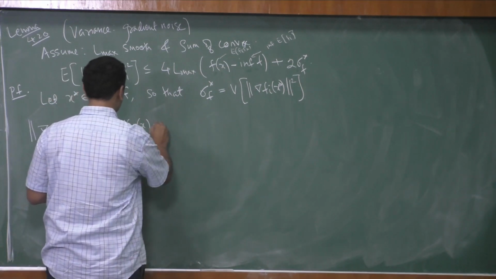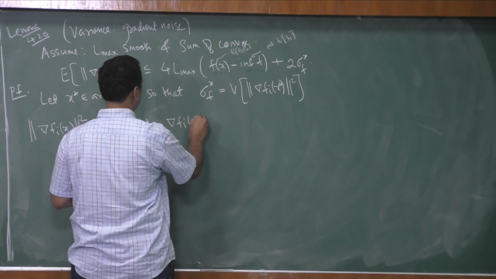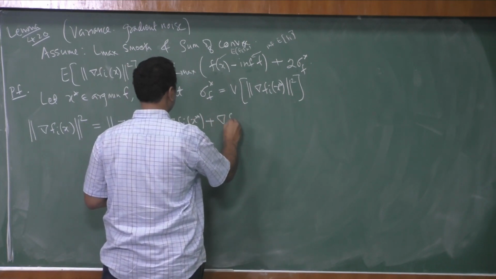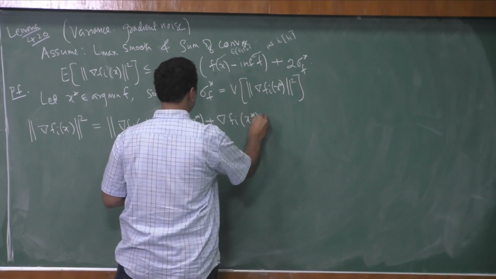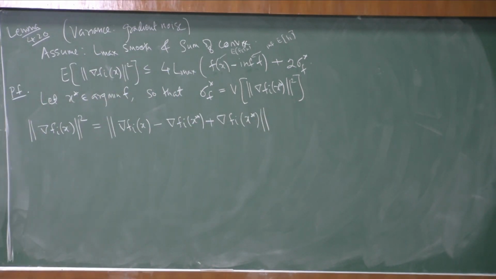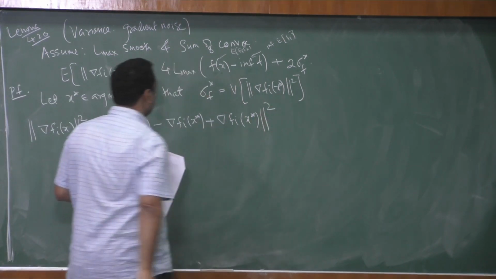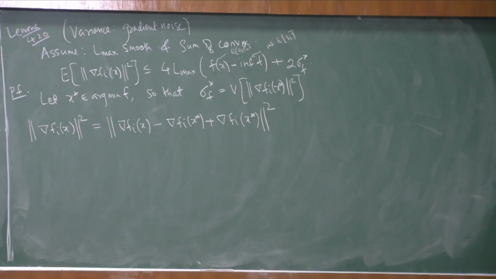So the norm of grad fi(x) minus grad fi(x star) plus grad fi(x star), and this will be squared also. From here I will use the triangle inequality to get the sigma f star squared, that's for sure.